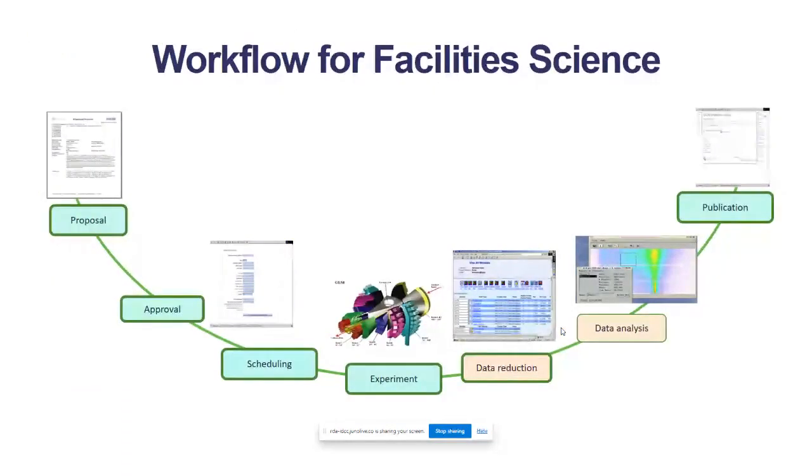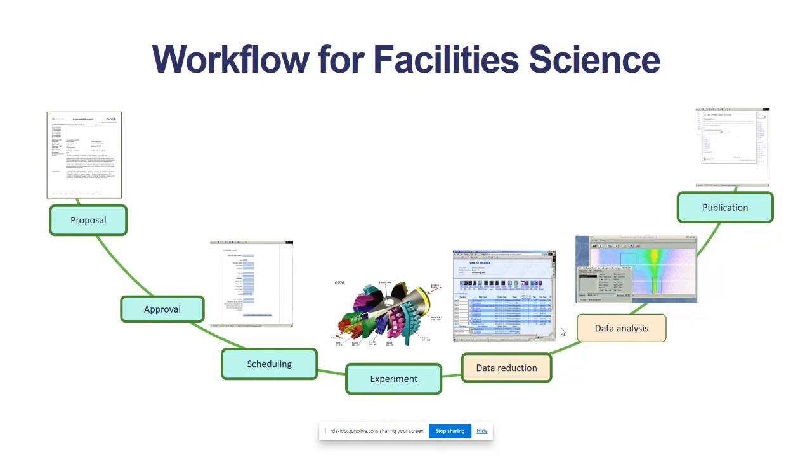Facilities have a reasonably well-defined workflow in that people come to us with a proposal. This goes through various peer review processes and gets approval. And then there's a preparation period where scheduling and training happen. People come to visit, or they would in non-COVID times, to run an experiment on an instrument, usually coming with a set of samples, and generate data that then gets stored.